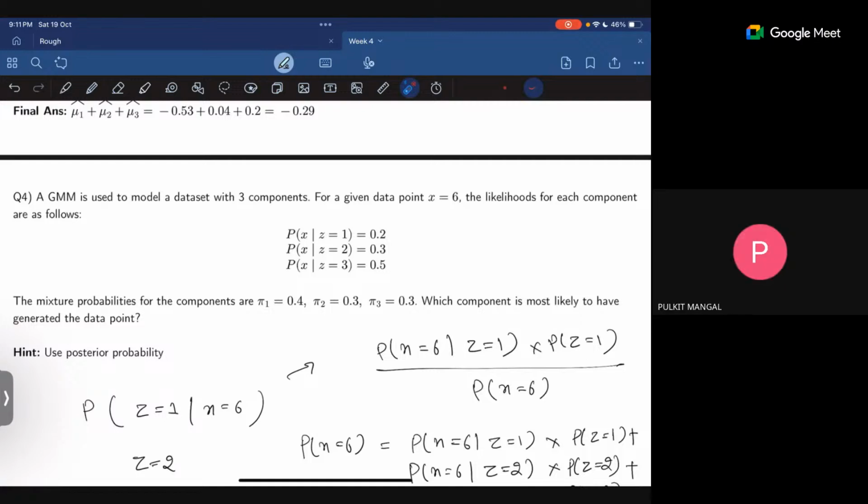I have just chosen one fixed data point. For any other data point, something would be given to calculate the probabilities. Just like here, we have directly given you the probabilities, so I don't need to calculate them. But if they were not given, then they must give you the mu k and sigma k.